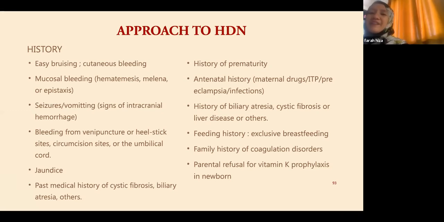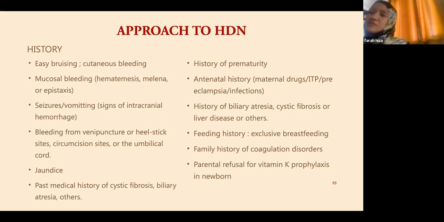Because like I said, vitamin K deficiency affects more the common factor. So the common factor or extrinsic pathway causes deeper, more severe bleeding compared to the intrinsic pathway. That's why we need to take note of any history of bleeding, as it can predispose to HDN. Jaundice because of biliary obstruction, or any past medical history of cystic fibrosis, biliary atresia, history of prematurity, or any antenatal history of maternal drugs.